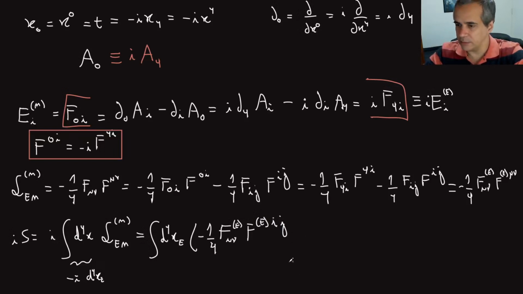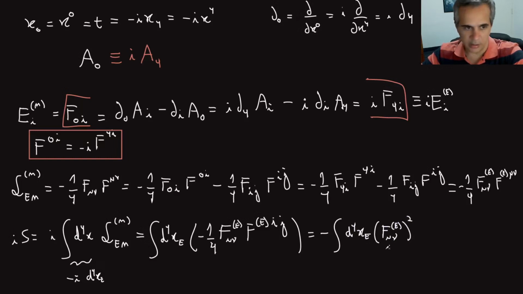and then I just have to bring this minus outside, write these as d4x Euclidean, F mu nu Euclidean square, which is what I call the Euclidean Lagrangian.